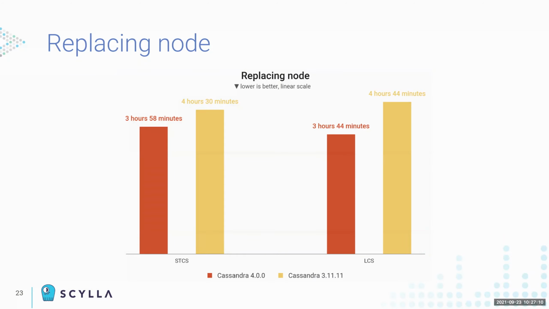Of course, it must stream data from other nodes, and this is the benchmark we performed. We stopped one node and launched another node, which replaced the old node, and we measured the time it took to bootstrap this node. As you can see, when replacing a node, there's a big improvement in Cassandra 4, especially with the LCS strategy.